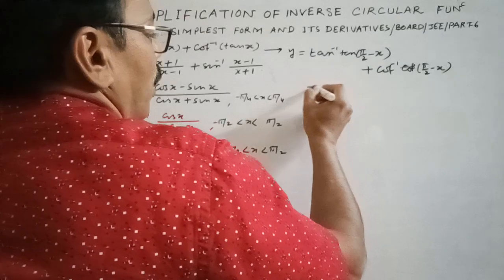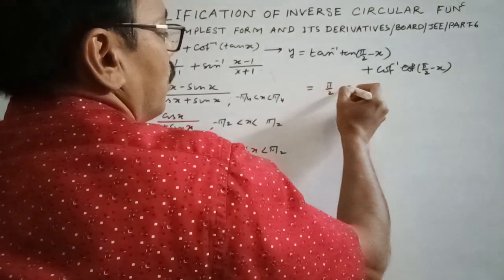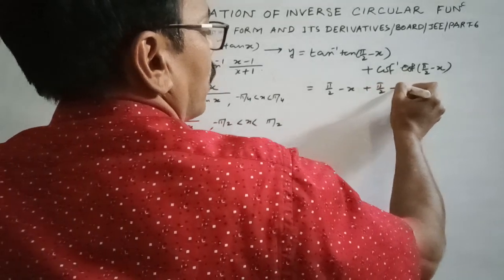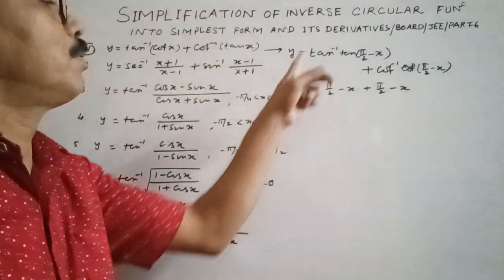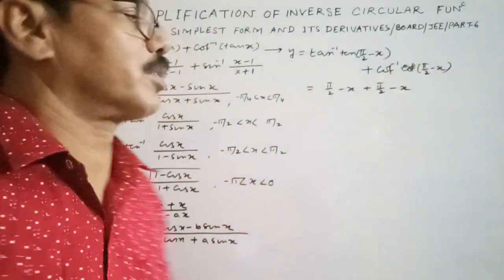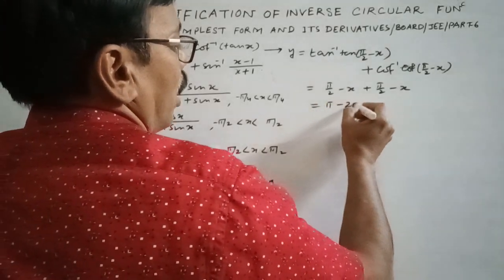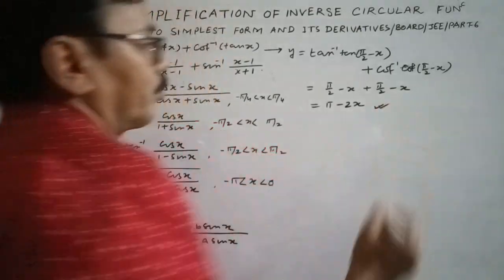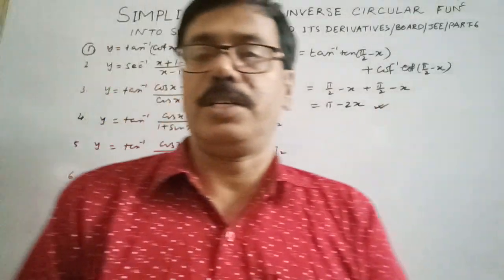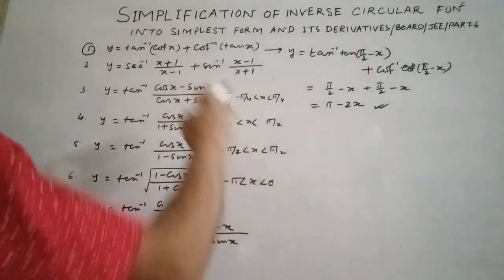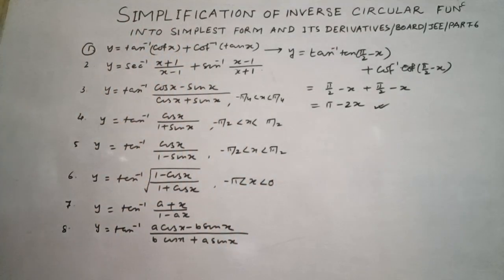So if you simplify, you get pi by 2 minus x. Cot and cot inverse absorb, so pi by 2 minus x. Tan inverse tan x is x, cot inverse cot x is x. So what is the simplification? Pi minus 2x. So this is the simplified form of number 1.